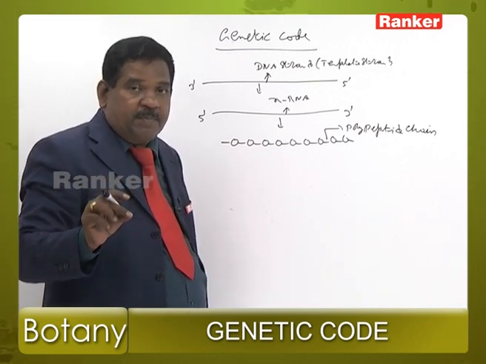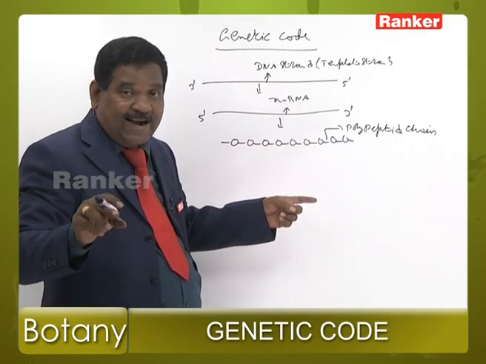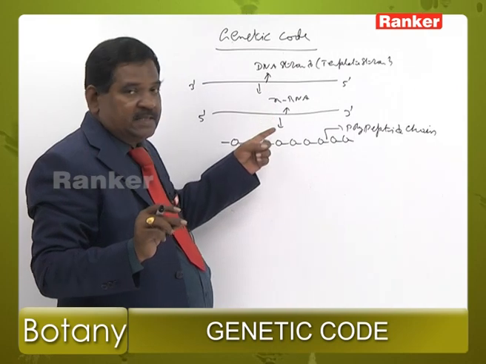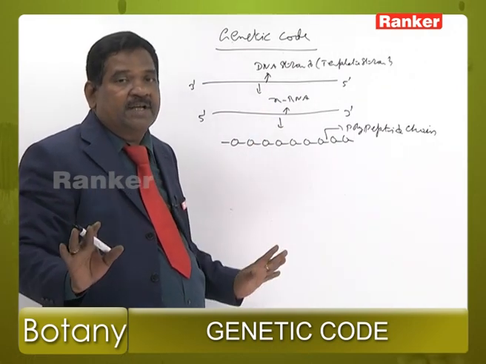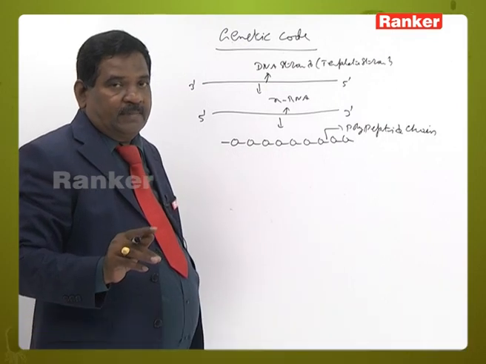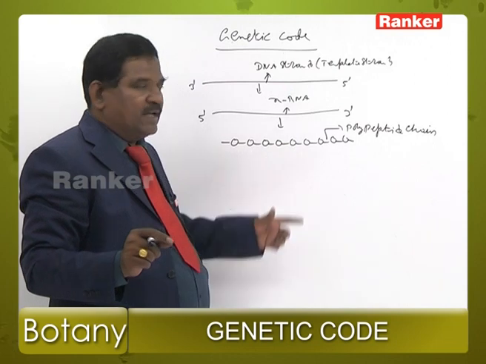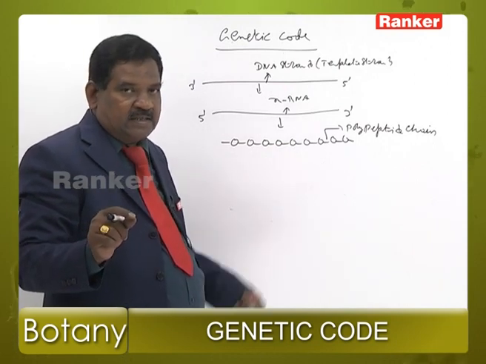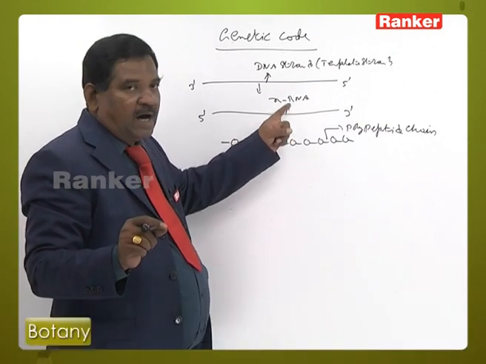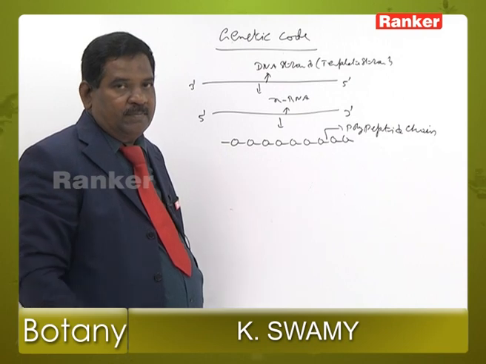The relationship between amino acid sequence in a polypeptide chain and nitrogen base sequence in mRNA or DNA is called genetic code.